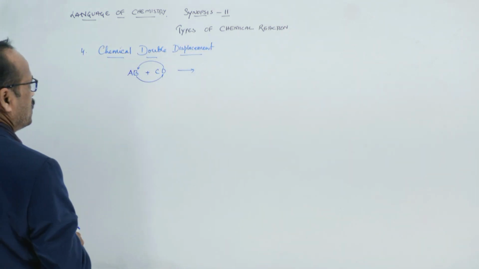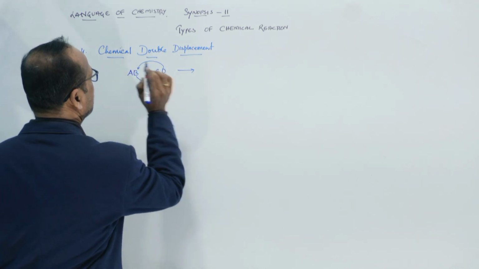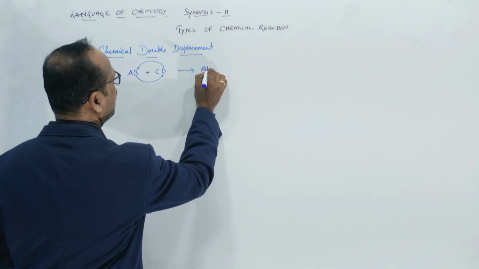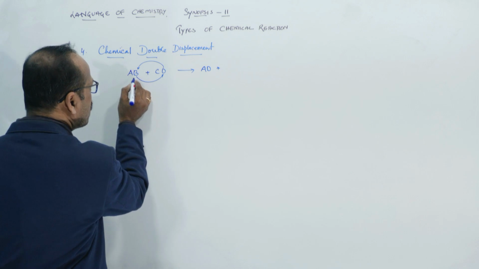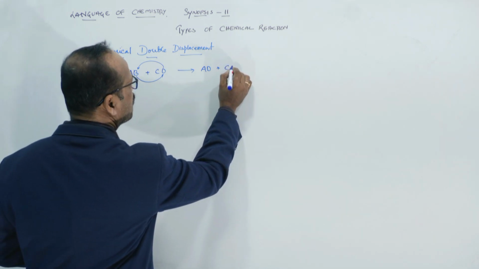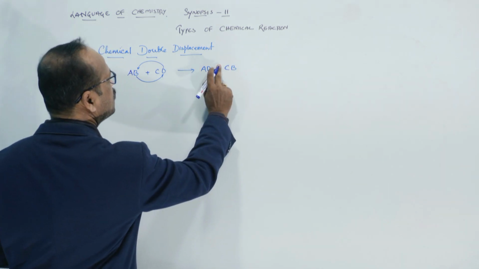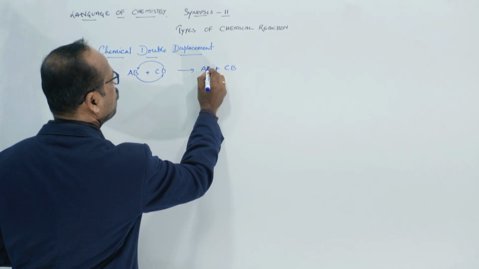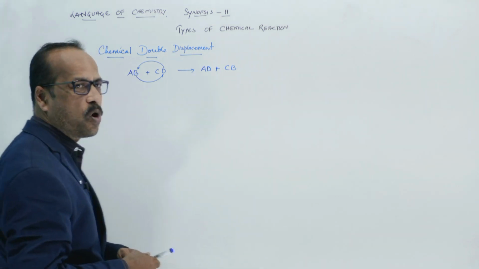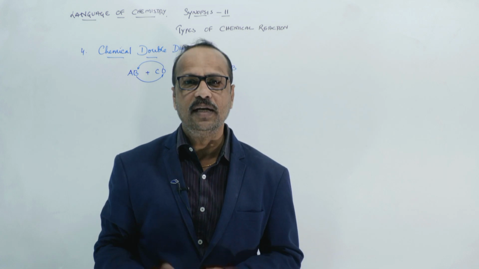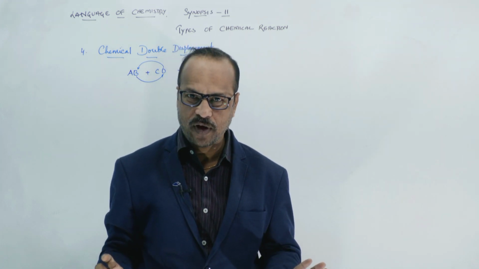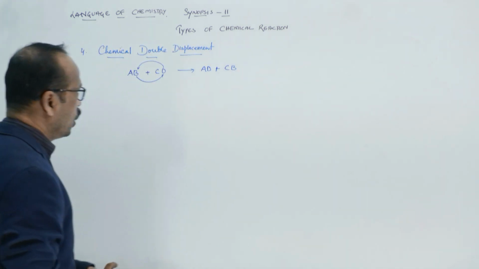D comes here, so this becomes AD, and B goes there, so this becomes CB. Is this clear? This type of chemical reaction is called chemical double displacement. Is it fine? Okay.